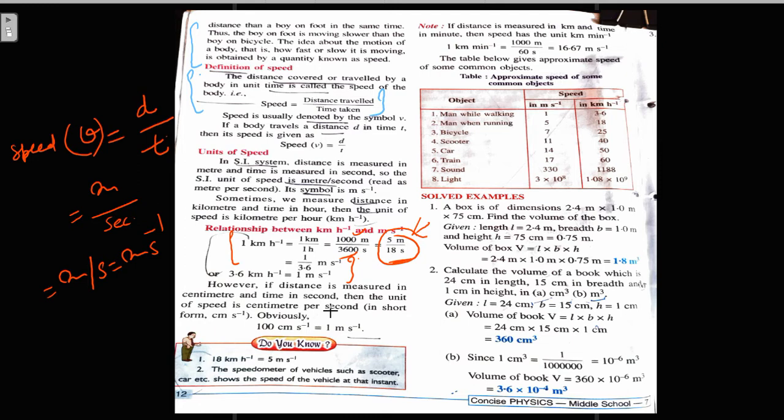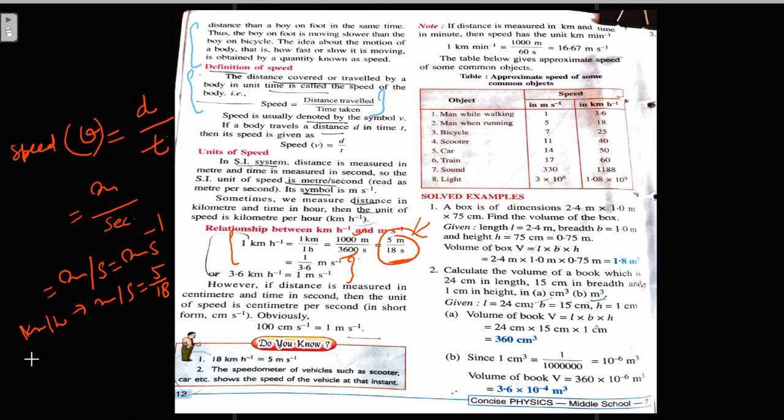Now the other way, this is the formula to convert kilometer per hour to meter per second. Keep it in mind, we multiply by 5 upon 18.